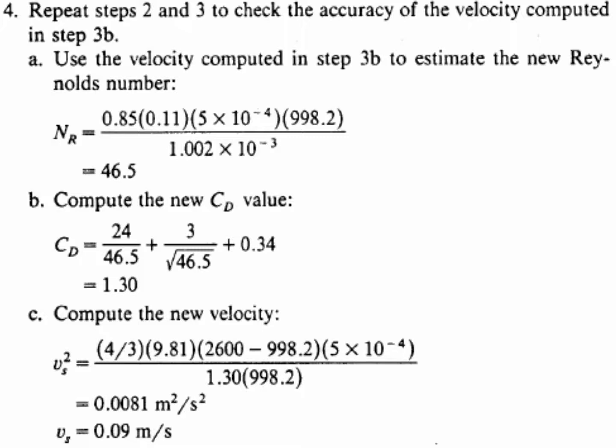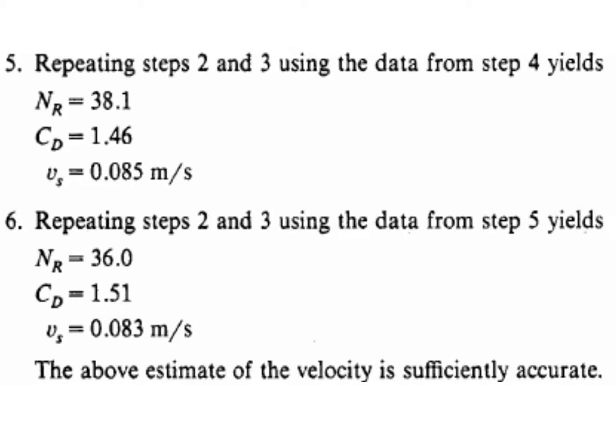If you compare one more time, 0.09, the previous velocity was 0.11. Still the decimals are not the same. One more step: repeating steps 2 and 3 using the data from step 4. The Reynolds number will be 38.1, the drag coefficient will be 1.46, and the settling velocity will be 0.085.